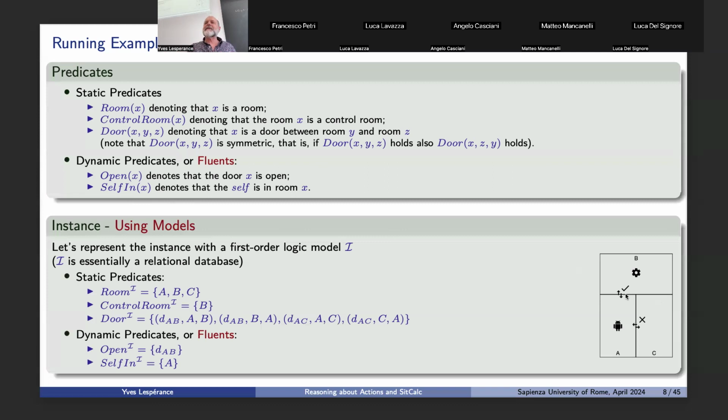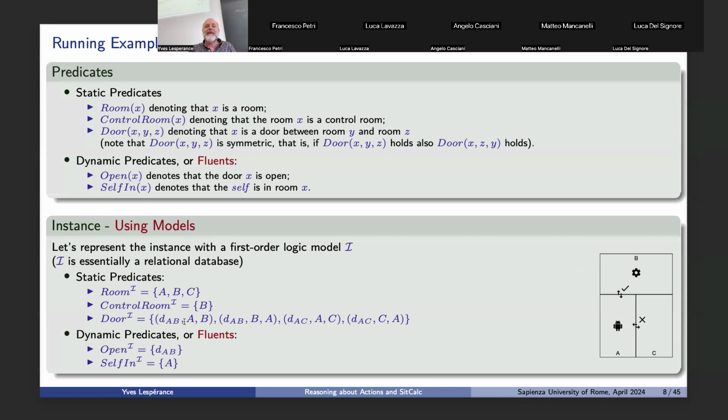So to represent this little world, we might say the rooms are A, B, and C. Here I is a first order logic model. You can think of it as a relational database. The interpretation of the predicate room is the set of three objects A, B, and C, which are rooms. The interpretation of control room is the only room that is a control room, that is B. The doors: we have two doors.